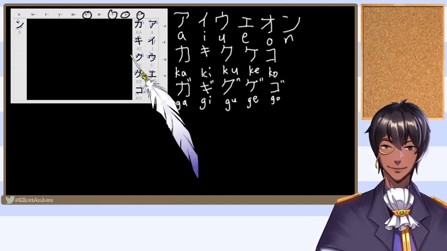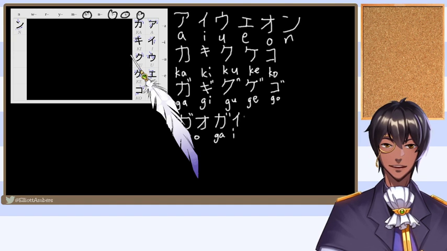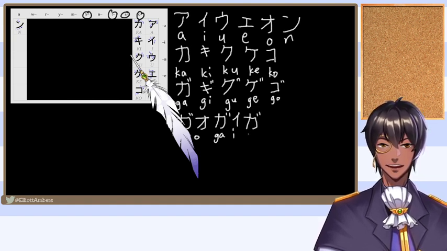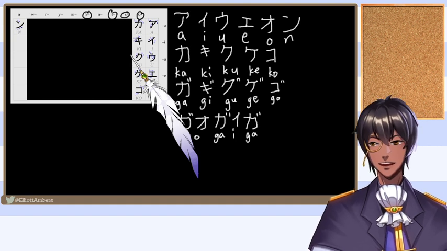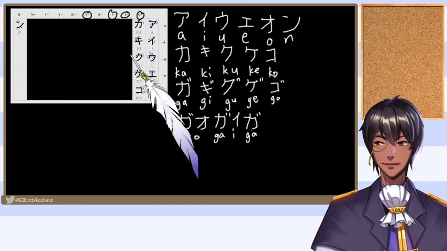We can write out ga, o, ga, i, ga. So the famous mecha anime, Gaogaigar, very manly, very hot-blooded anime from what I've heard.